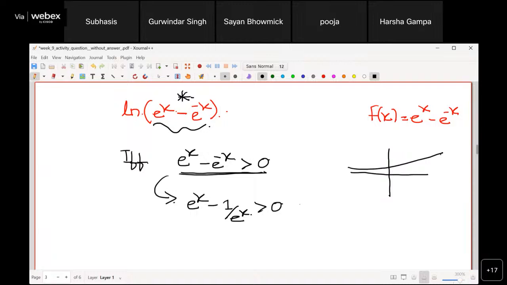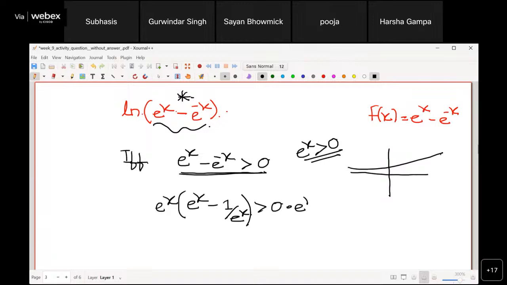So what next? I'll multiply e power x on both sides. Another thing, you know e power x is always greater than 0, correct or not? Yes, sir. So if I multiply e power x with this, then certainly it will not reverse the sign.